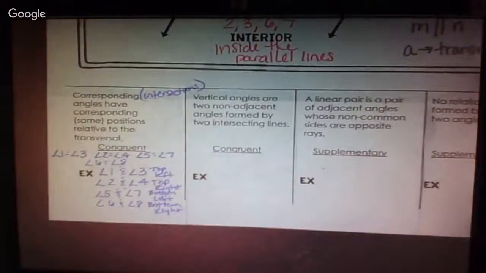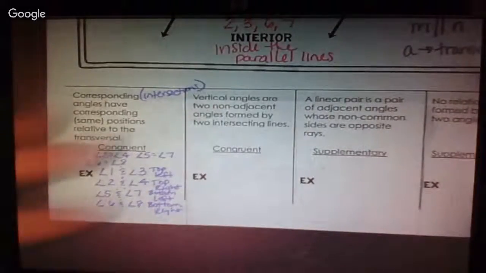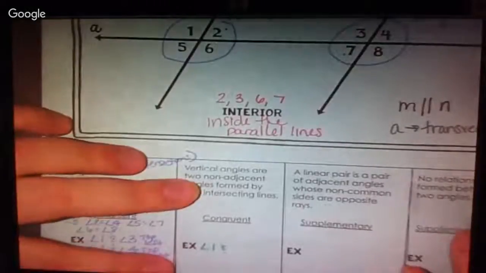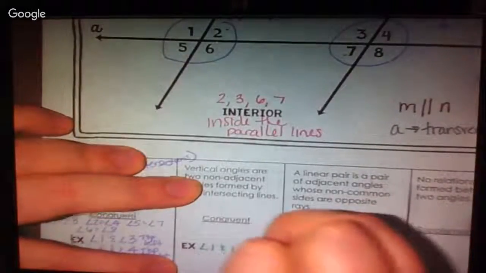These next 2 we talked about yesterday. So we should be pretty okay with these next 2. The next one are vertical angles. Okay. Remember, vertical angles are across the V of 2 lines that have crossed together. So if I start you with angle 1, the one across the V from angle 1 is angle 6.